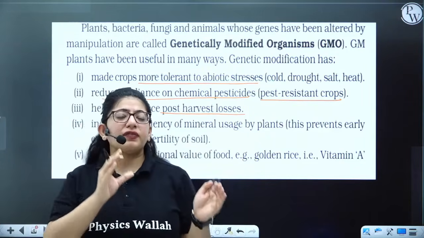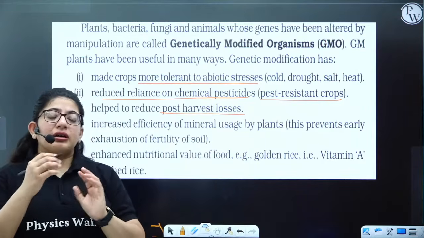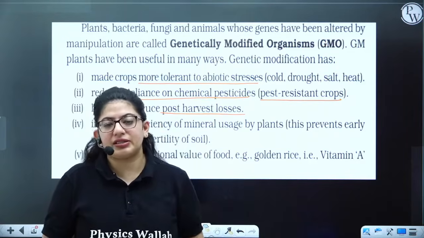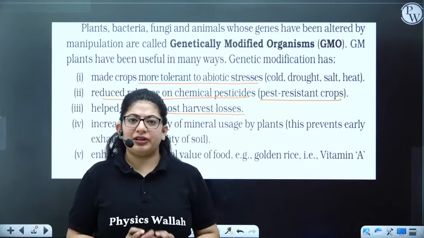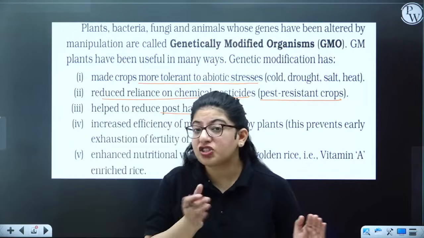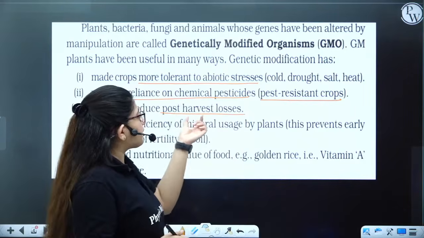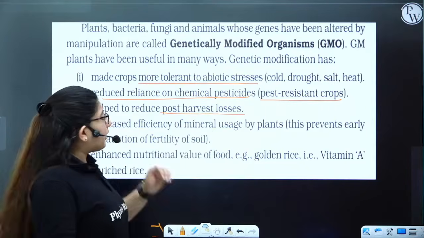So what if I made a crop whose fruits or vegetables have increased shelf life? Shelf life means the time duration up to which you can keep it safely without spoiling. If its shelf life increases, the post harvest loss, the loss you get after harvesting the vegetable or fruits, can reduce.